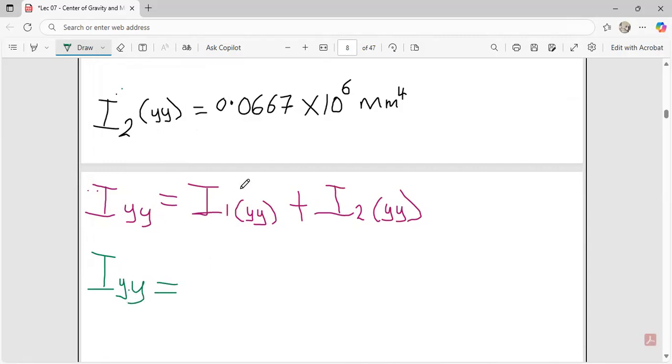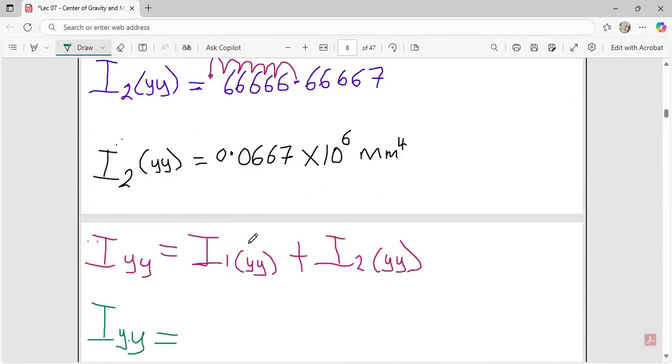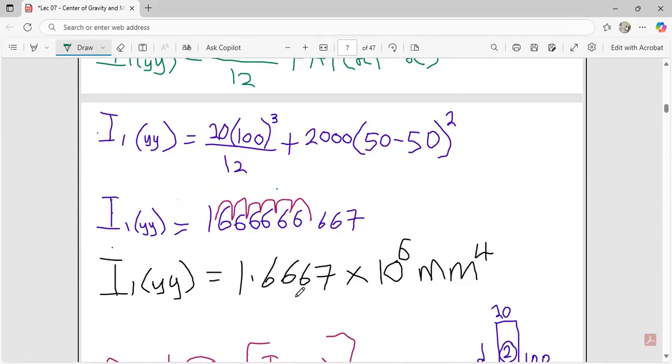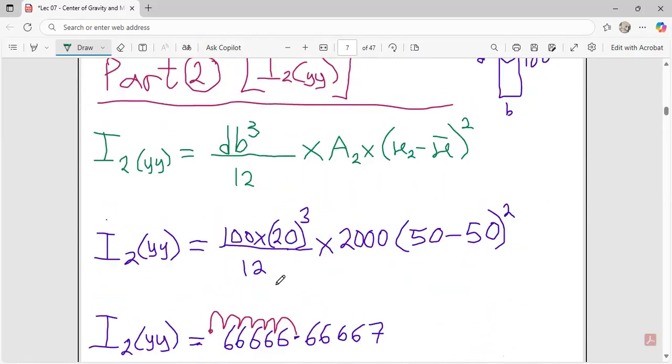For part 1, how did we get it? We had 1.6667 times 10 exponent 6.